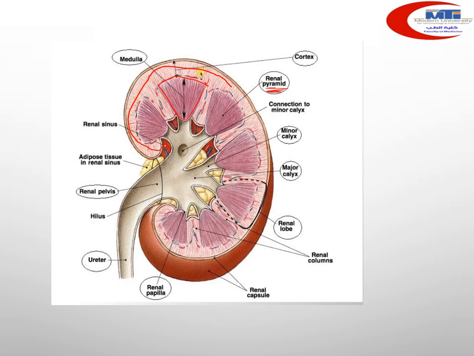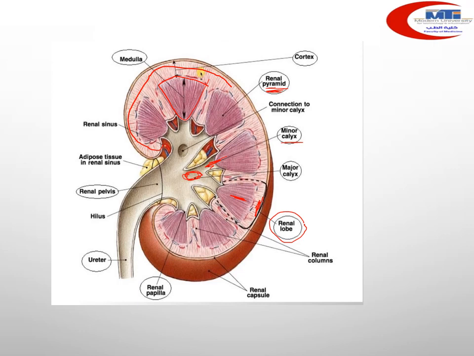The renal pyramids open to a minor calyx, and the minor calyces join together to form the major calyx. The cortex and the medulla underneath this part is called the renal lobule.